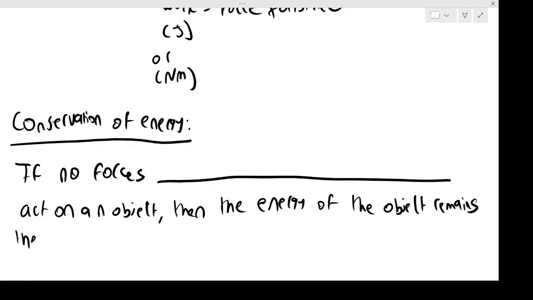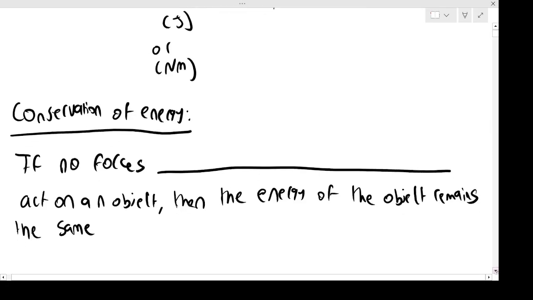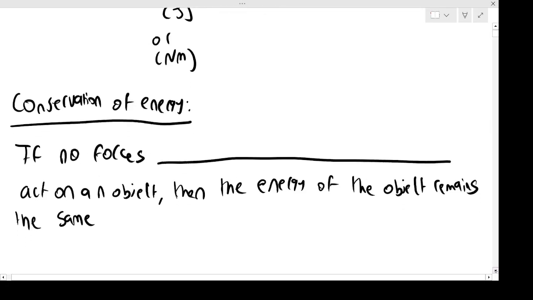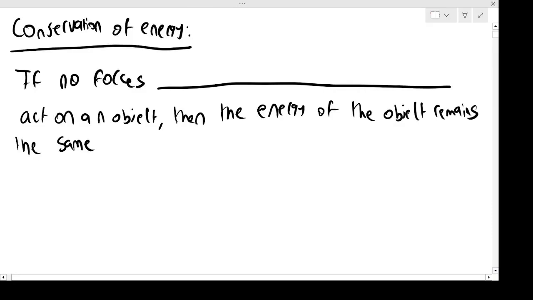So for example, let's say a car has 5,000 joules. It will always have an energy of 5,000 joules as long as no forces then act on the car. So the energy will always remain the same, unless we add on forces to the object. So no forces acting on the object keeps the energy the same.